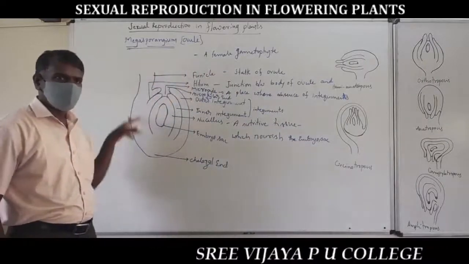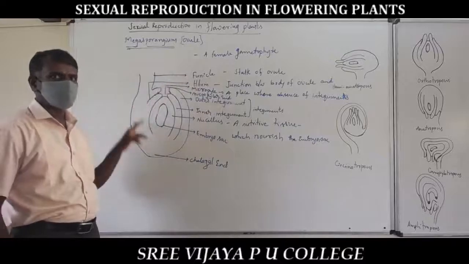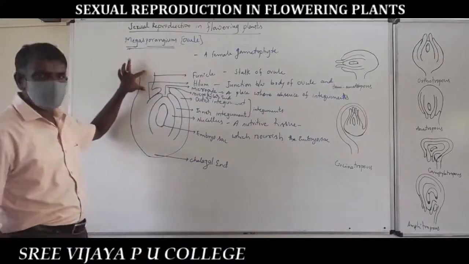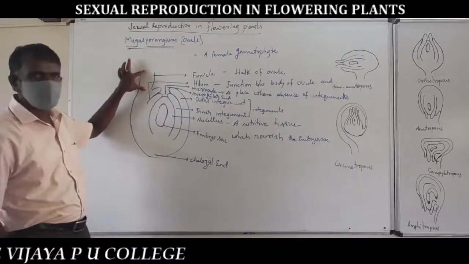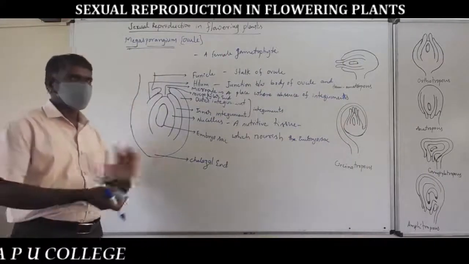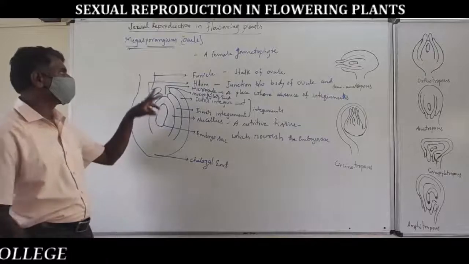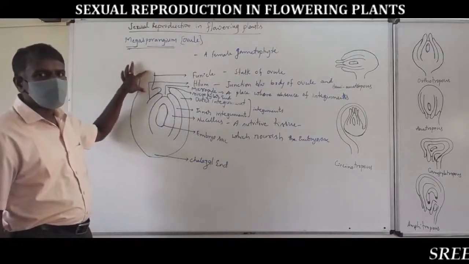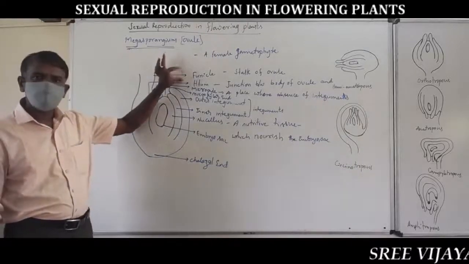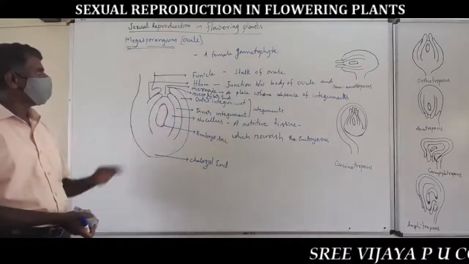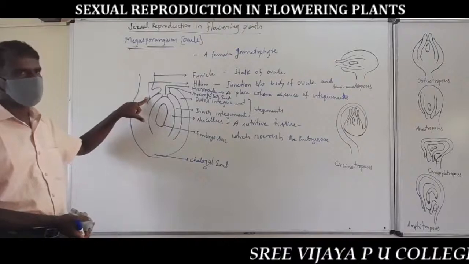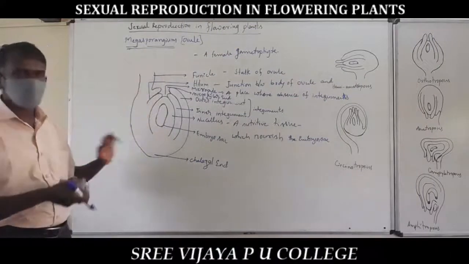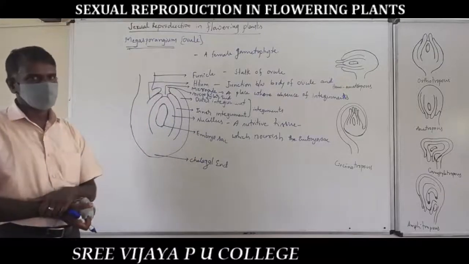The entire structure of the megasporangium consists of the funicle. Funicle is the stalk of the ovule where it gets attached to the placenta. The point where the funicle is attached to the body is called hilum.